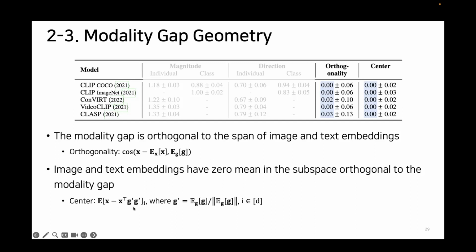So this is the subspace orthogonal to the modality gap. So if this value is near 0, then we can say that these embeddings have 0 mean in the subspace orthogonal to the modality gap.